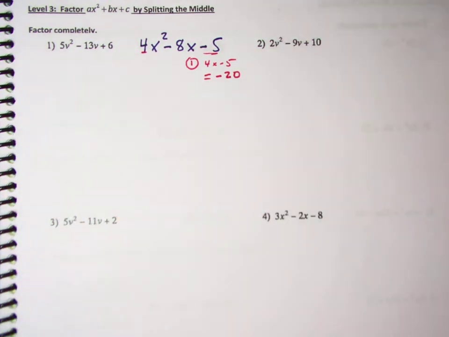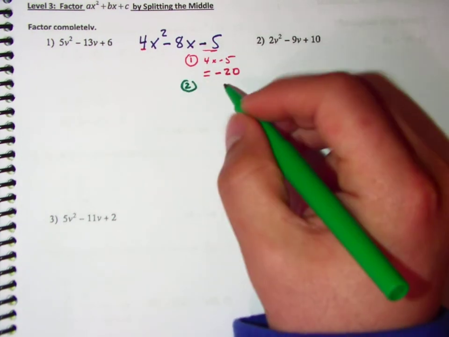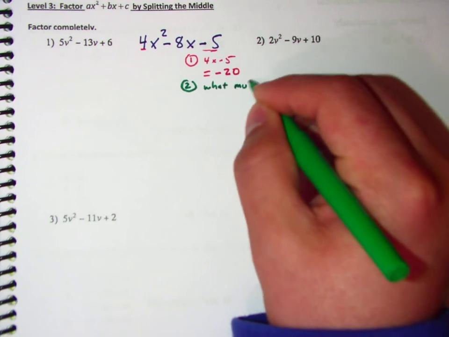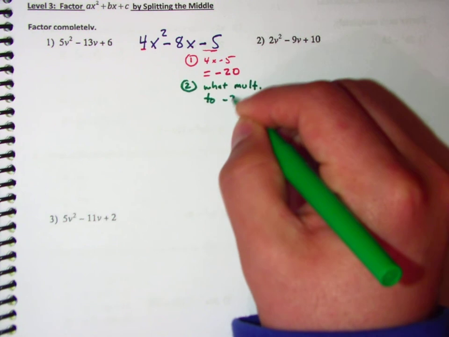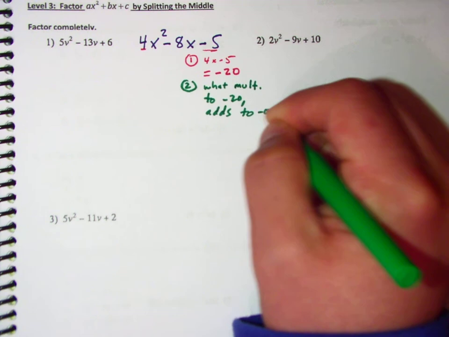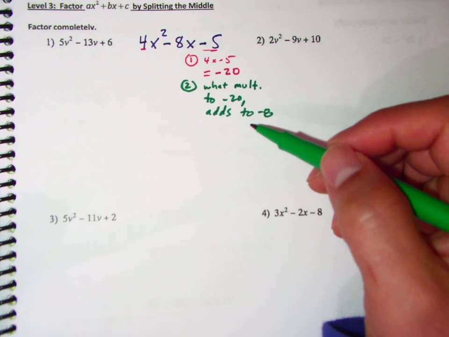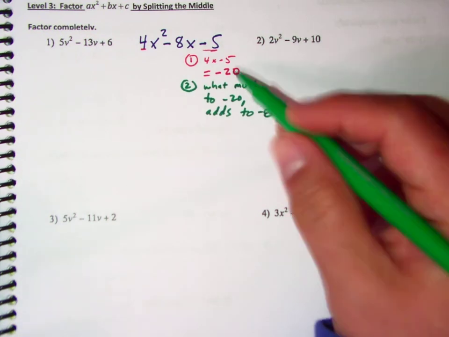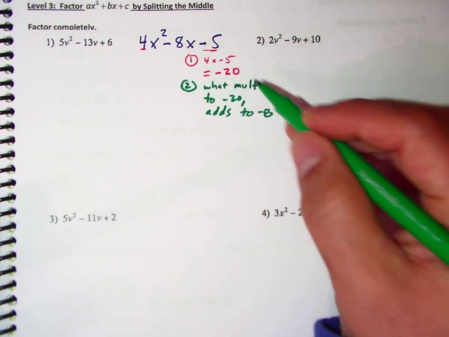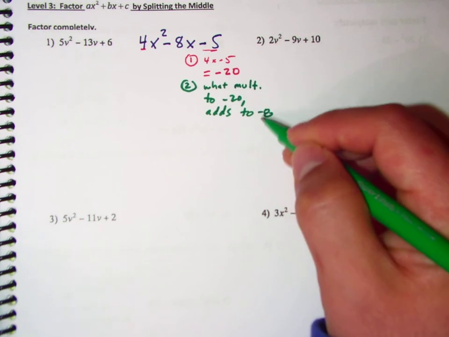Okay. Second, you're going to try to figure out what multiplies to negative 20 and adds to negative 8. So it's kind of like that numbers game or the skill that we worked on for regular trinomials with the added step of you take 4 times negative 5 first, we get negative 20. And so now if I'm thinking about what multiplies to negative 20 and adds to negative 8, here are my options.